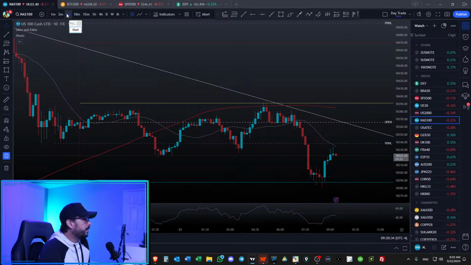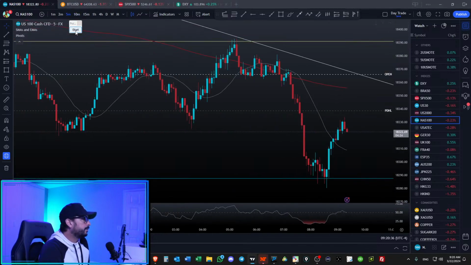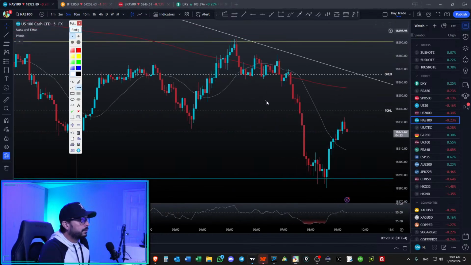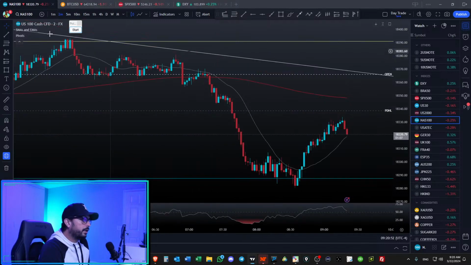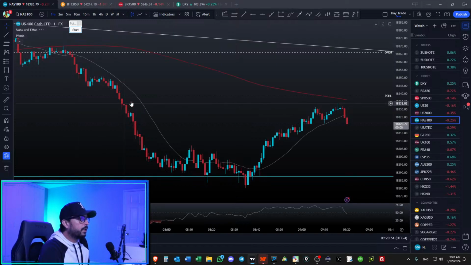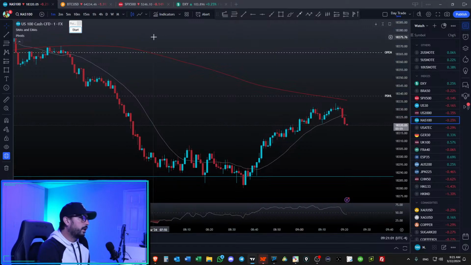Go to the 5 minute, same thing. Working below and the downtrend showing. Then if you go to 2 minute, they're doing the same. Then 1 minute, they're doing the same. So all the charts are confirming, and you don't need that trend line right there. You can leave it, but.